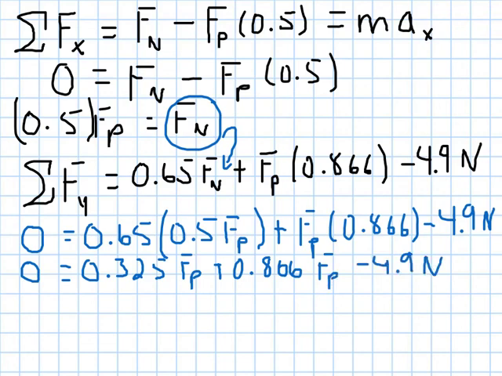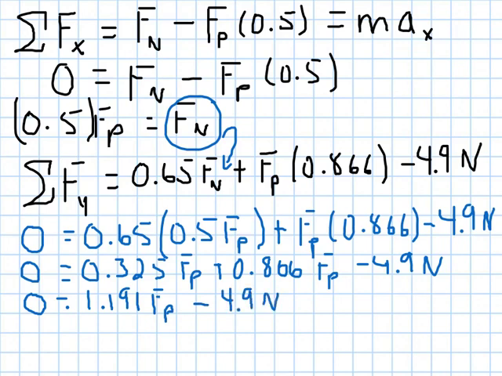All that should be equal to 0. So if I combine the terms with the force of the push in it, if I add 0.325 to 0.866, then I will get 1.191 times the force of the push minus 4.9 newtons, has to be 0.